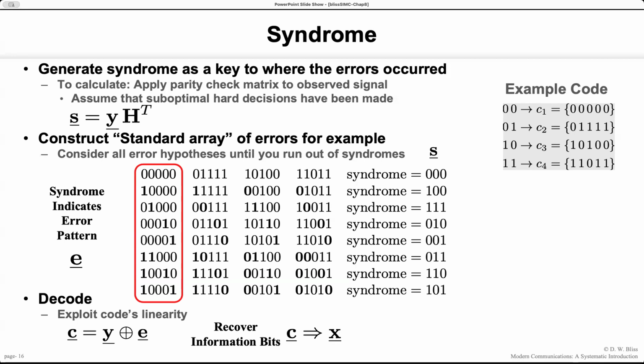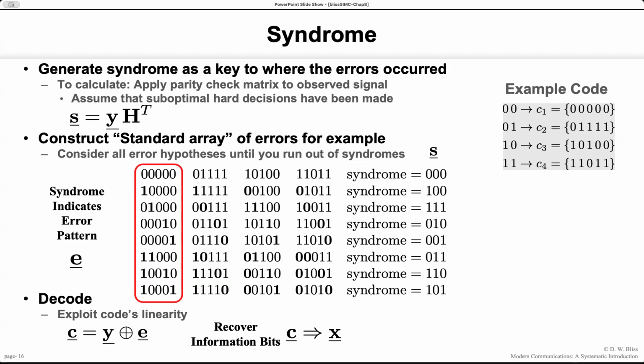The all zero one, of course, is already taken. So we can try to fix seven different error patterns. So we already tried to fix a bit error in the first entry, second entry, couldn't do the third entry, fourth entry, and fifth entry. So that means we still have some other things we can try to fix.